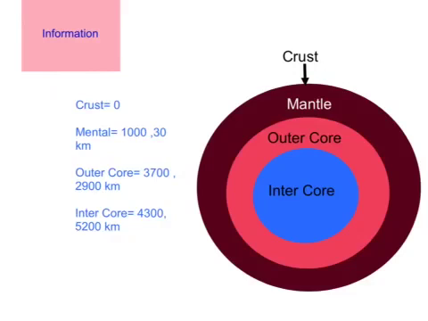The mantle's temperature is 1,000. The outer core is 129 kilometers, and the outer core's temperature is 3,700. The inner core is located at 500, 200 kilometers, and the inner core's temperature is 400, 300.